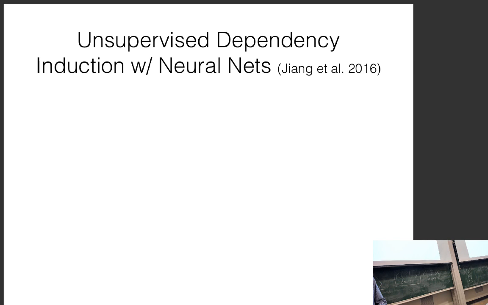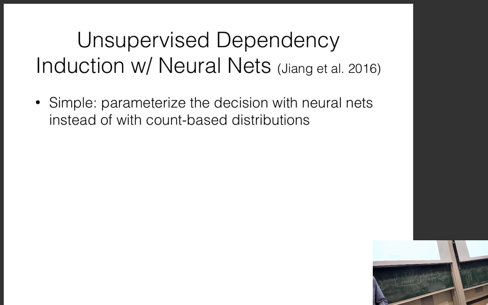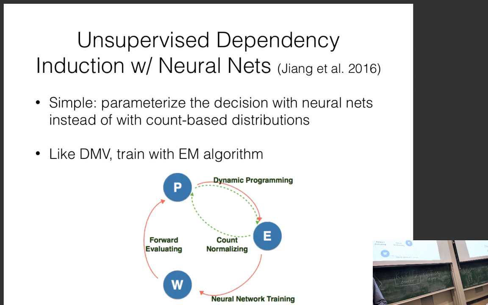There have also been methods that try to do this with neural nets. The simple idea is to parameterize the decision with neural nets instead of with count-based distributions, and like the DMV, train with the expectation maximization algorithm.